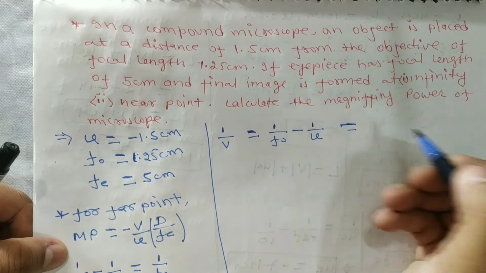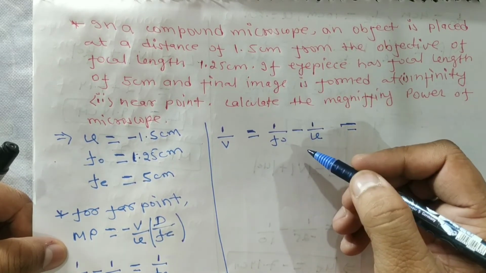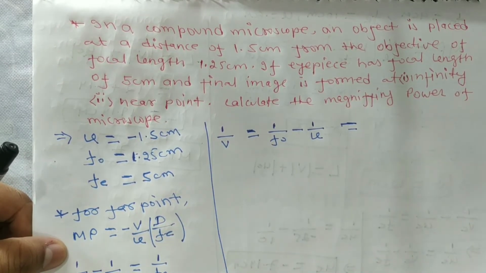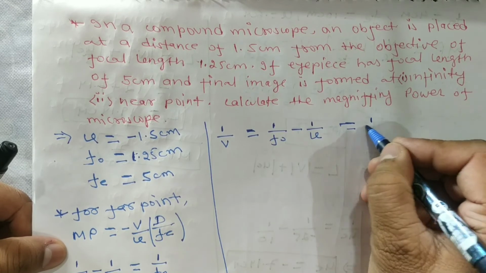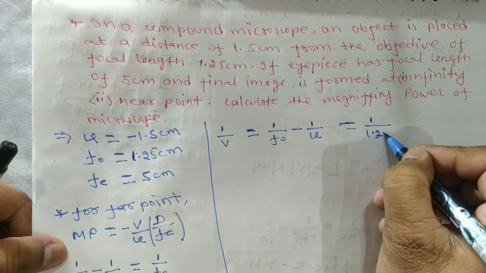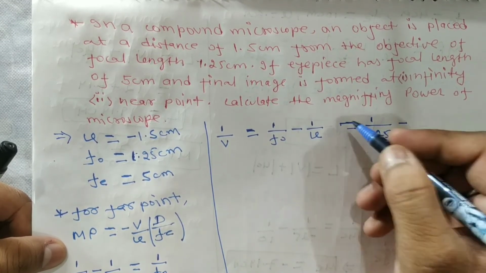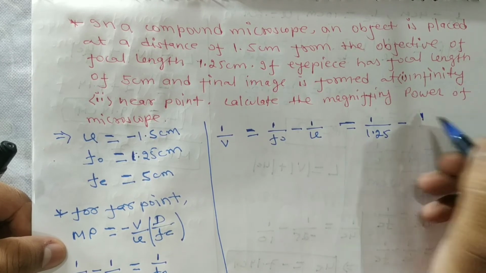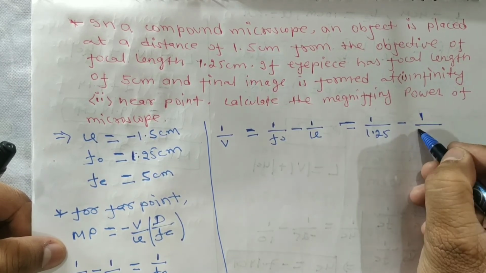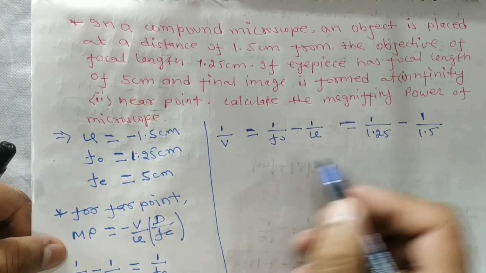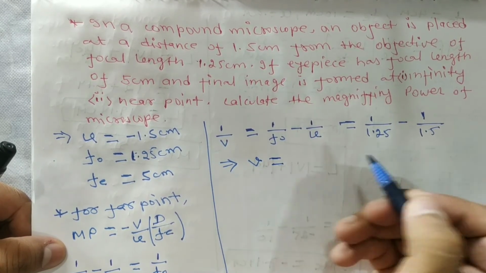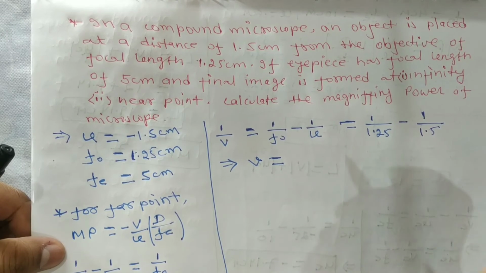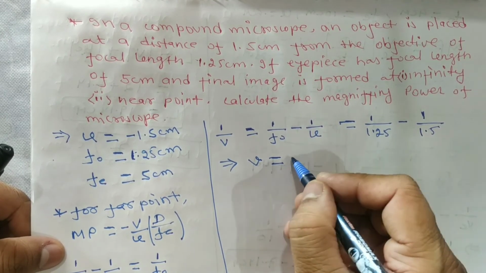Put the values: f naught is 1.25, minus u is 1.5. On solving we will get value v equal to 7.5 centimeter.